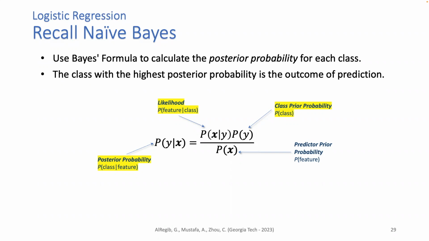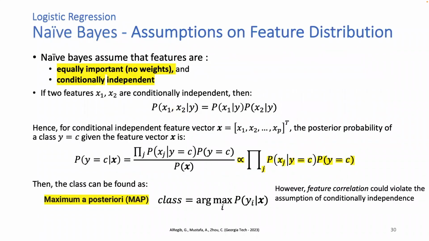The condition we had last time was that the features are equally important, with no weights, and conditionally independent, meaning that if I have two features, the probability of x1 and x2 given y is the product of the probability of x1 given y times the probability of x2 given y. So for any number of features, the numerator will be the multiplication of all these probabilities.